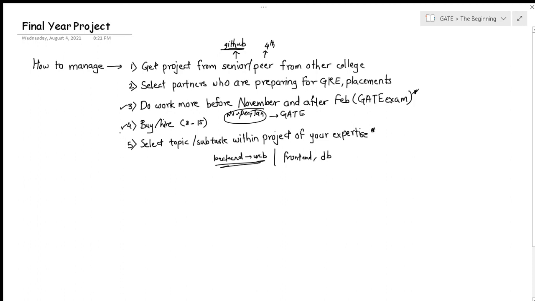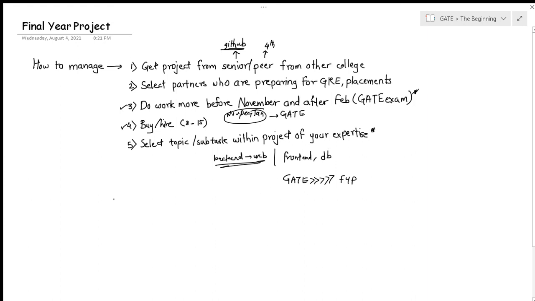Other advice would be, it's not necessary that you will have to, it's fine even if you are doing some of these things, because GATE is way more important than your final year project. So that's fine. Personally, in my case, I had my partners.